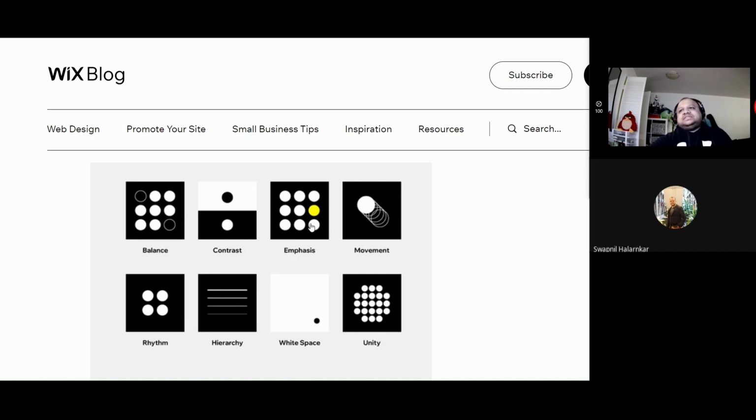Emphasis is something like we talked about, giving more value to certain objects, like we are emphasizing some object to balance. Again, that emphasis will also help to balance. Contrast will also help to balance, so it is interrelated in some way. See, there is a kind of contrast in color, right?